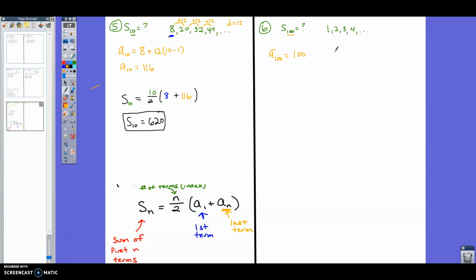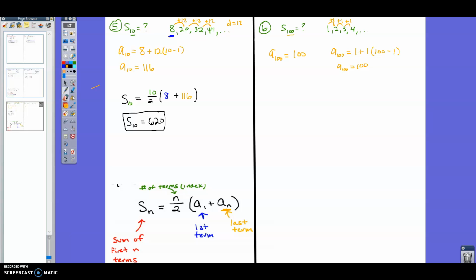And you could find that if you really wanted to, if you wanted to follow the formula. So we take our first term plus our common difference, which is adding 1 each time, times n, which is 100, minus 1. So that's 99 times 1. So we end up with 1 plus 99, which is 100.